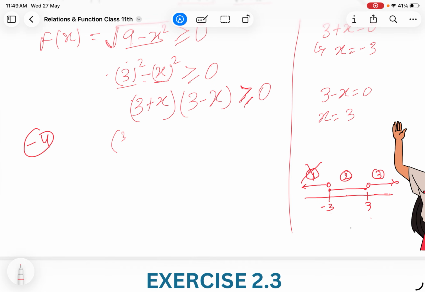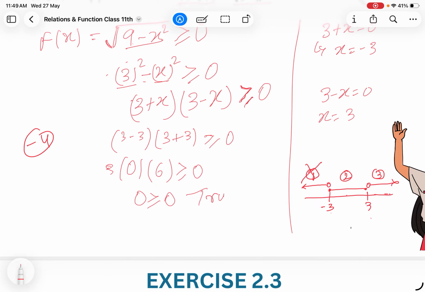So it will be 3 plus 3 into 3 minus 3, which is greater than or equal to 0. Either it will be greater or equal to 0. So 3 minus 3 equal to 0, into 6, is greater than or equal to 0. So 6 into 0 is 0, that is greater than or equal to 0. So this statement is true.